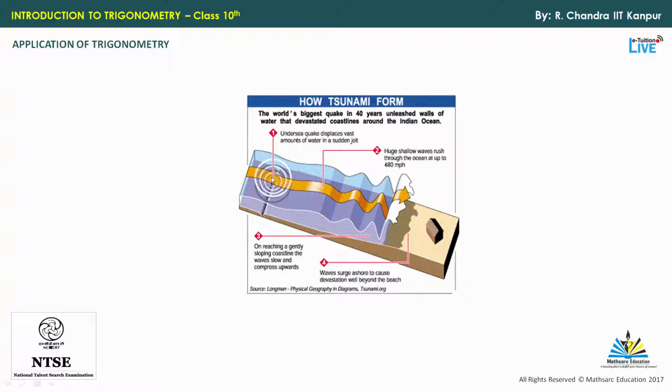Due to that, it creates a wave, and due to which a huge shallow wave rushes through the ocean at up to 480 miles per hour. You can see this is the formation of wave.